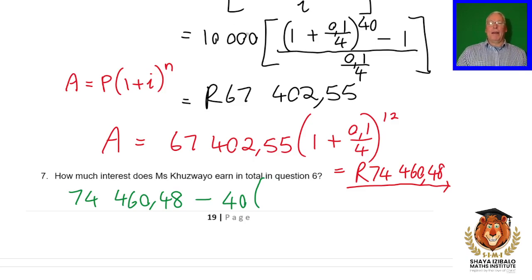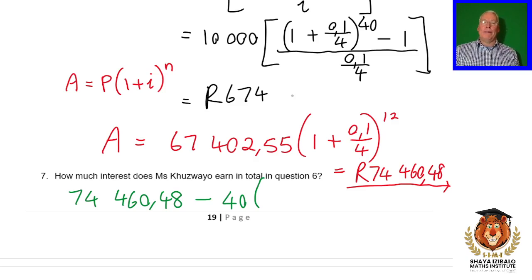Okay, I realized I put 1,000 into my calculator, and I picked up that we'd made an error because it wasn't looking right. So this is actually 10 times bigger. This is actually 674,025.55.